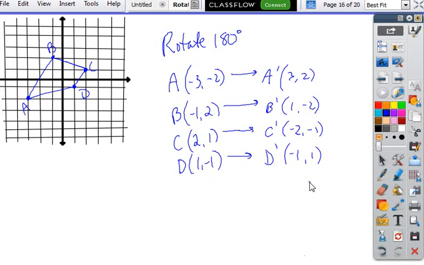Well, A prime is 3, 2, so that's up here. B prime is 1, negative 2. C prime is negative 2, negative 1. D prime is there. Basically, they're swapping quadrants. A and C swap positions, B and D swap positions because of the 180.